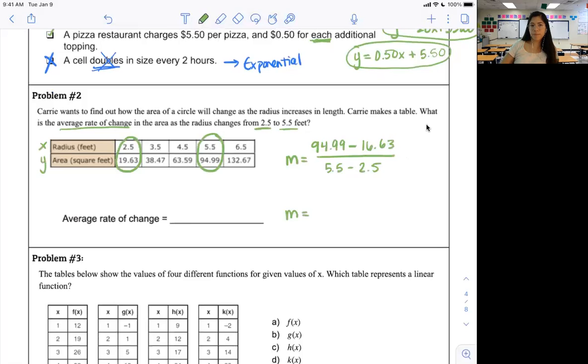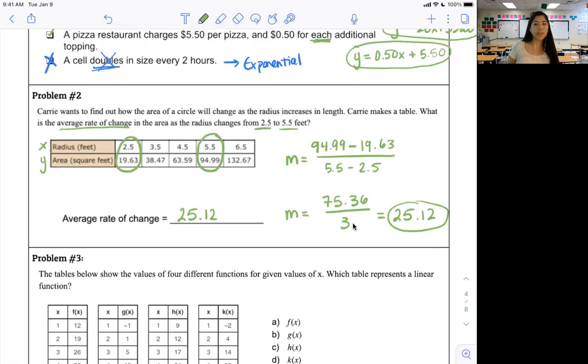Miss, isn't this supposed to be minus 19? Oh, you're right. Sorry, 19.63. Okay. 75.36 over 3. Good. And then 5.5 minus 2.5 is 3. And now I just divide. So 75.36 divided by 3 gives me 25.12. There's my rate of change.